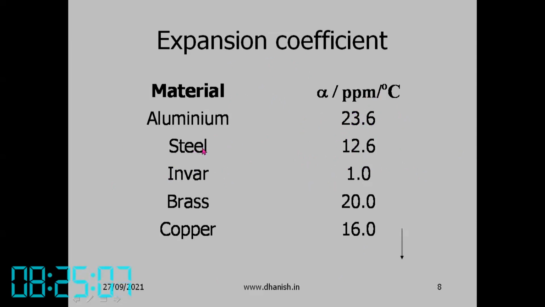Invar, supposed to be invariant, was an alloy developed to avoid temperature change. Its coefficient of thermal expansion is less than or around 1 ppm per degree Celsius. Brass is 20, lower than aluminum but higher than steel. Copper is 16.